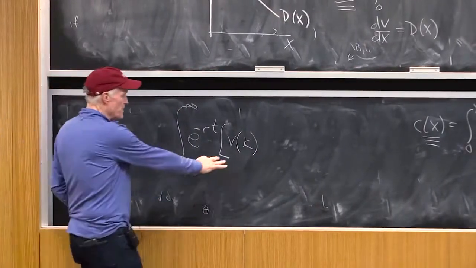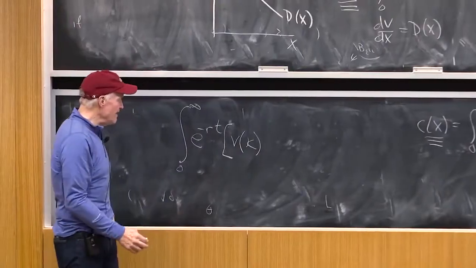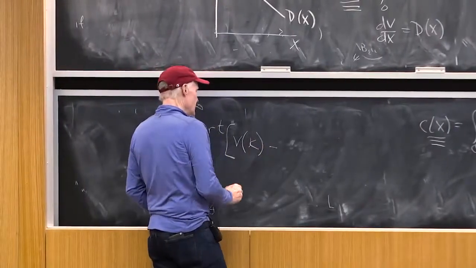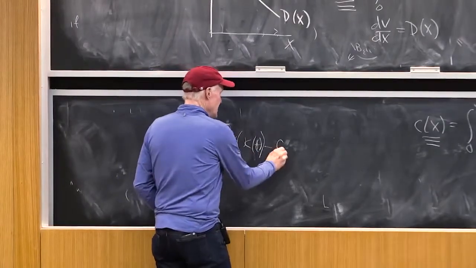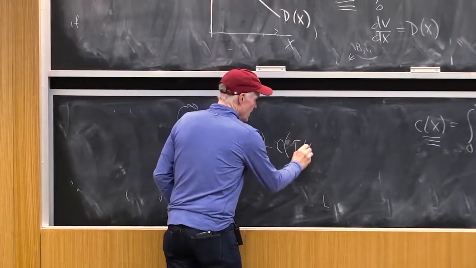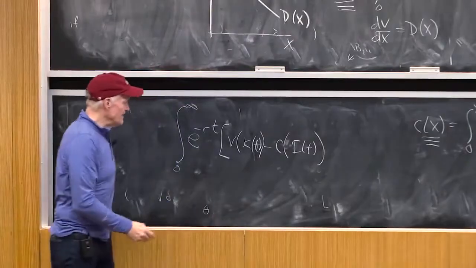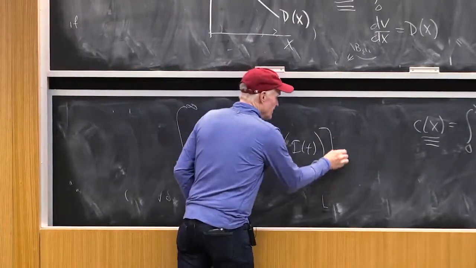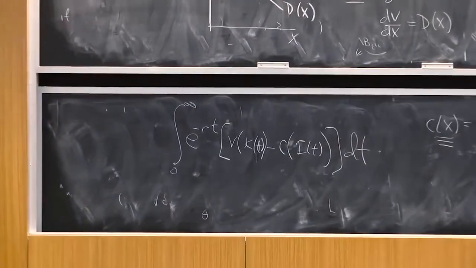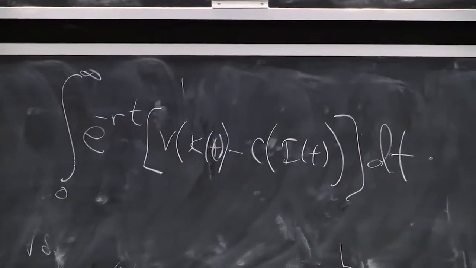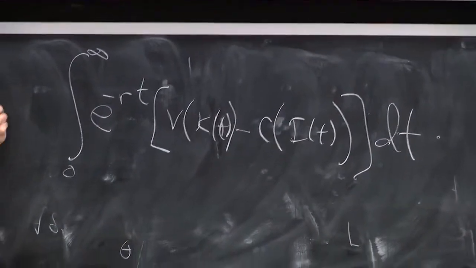So that's the value created by the capital stock at day t, minus c of I of t, where that's the amount that I invested at date t, dt. So I could restate my equilibrium problem as corresponding to this maximization problem.